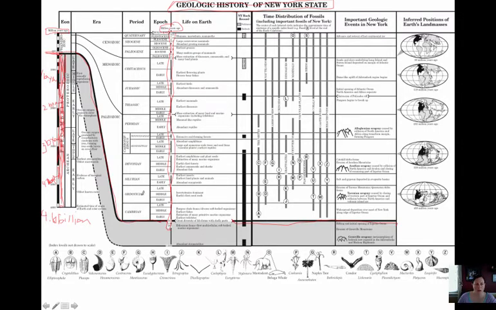So the Cambrian is the 542 million year ago period, which is preceded by the Precambrian, which represents about 4 billion years of Earth's history. So lots of time there that we don't have that much information on. As you can see, most of our information is given in this big section here, which is only the last 500 million years. Now notice the Precambrian is broken down into two main sections, the Archean and the Proterozoic.